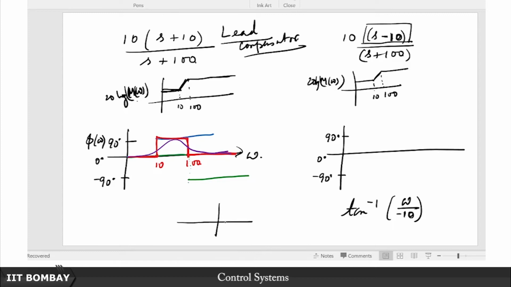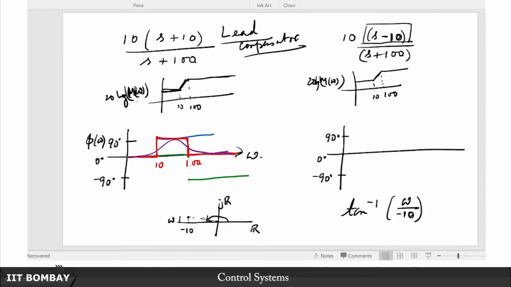If I draw this on the complex plane, the phasor whose angle or argument is given by this has a very small imaginary part, somewhere here, for some small value of omega. On the other hand, the real part is minus 10. So what is the phase of this? The phase is almost close to plus 180 degrees.